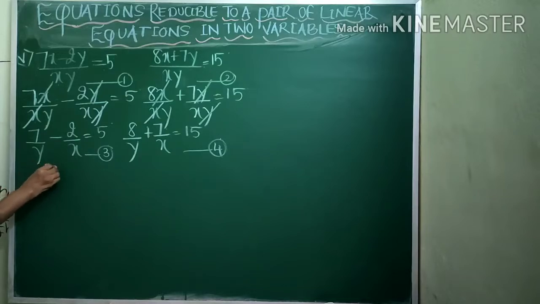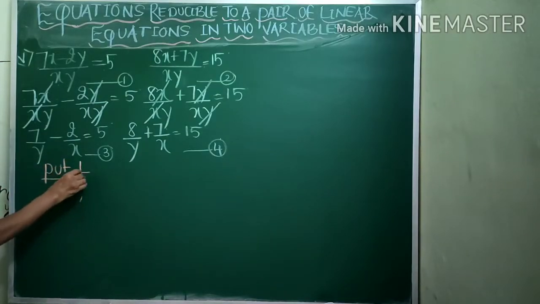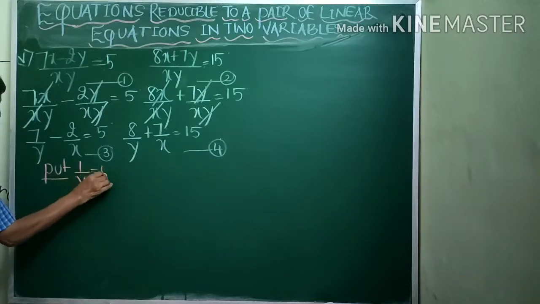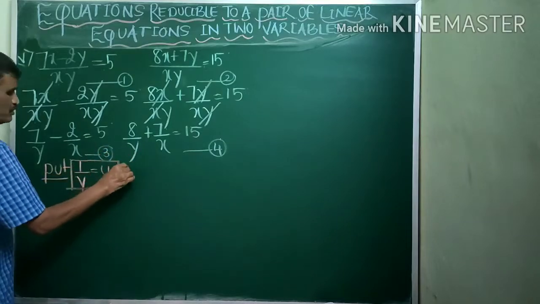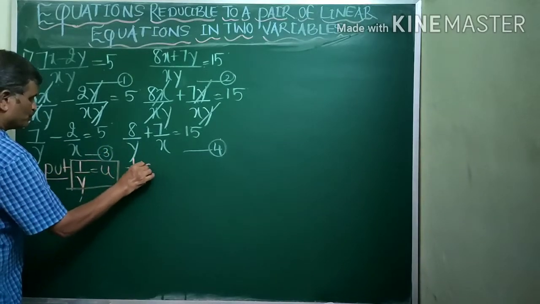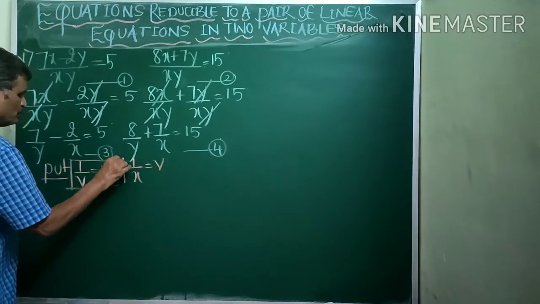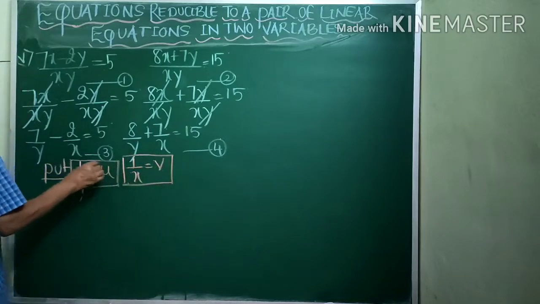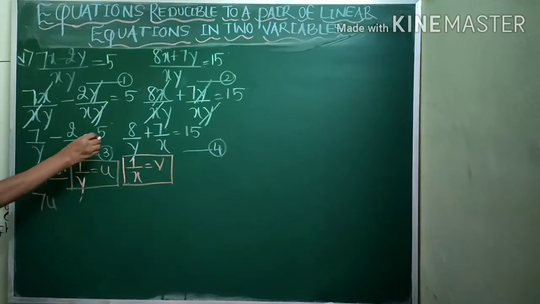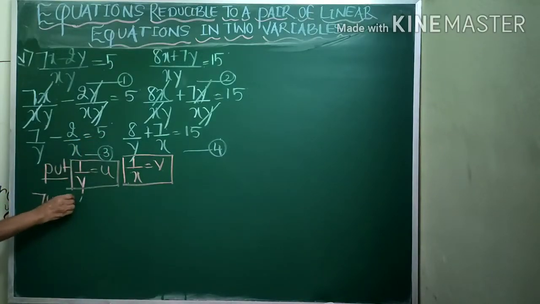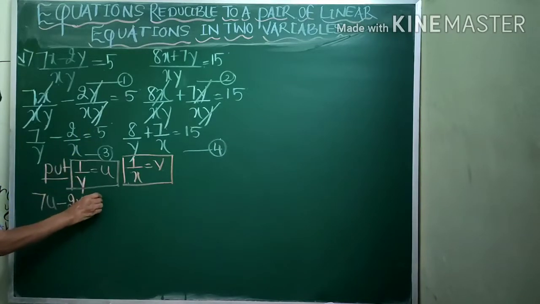What solution is that? Put 1 by y is equal to u. Wherever you get 1 by y, you put u. And wherever you get 1 by x, you put v. So if you do so, then this equation will become 7u minus 2v is equal to 5.